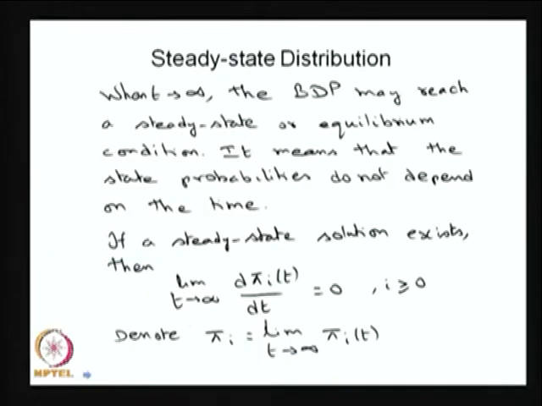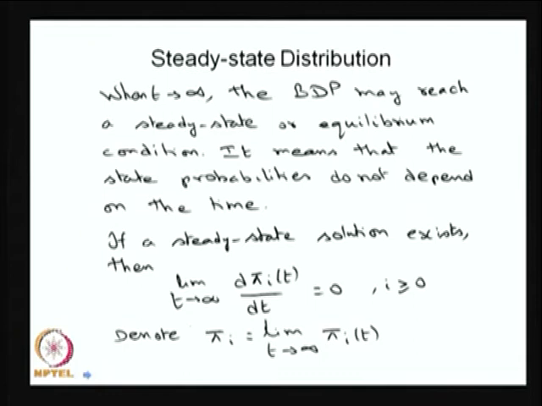Now, I am discussing the steady state distribution, that is, when t tends to infinity, the birth-death process may reach a steady state or equilibrium condition. That means the state probabilities do not depend on time. That is the meaning of a steady state distribution. Whenever we say the birth-death process reaches a steady state or equilibrium, the state probability does not depend on time.